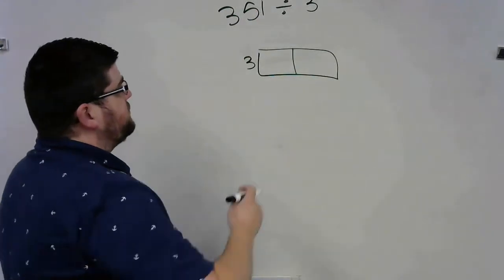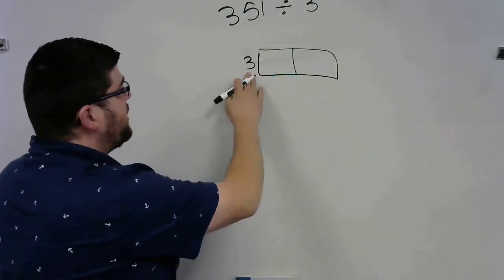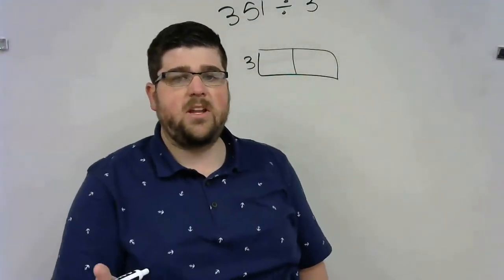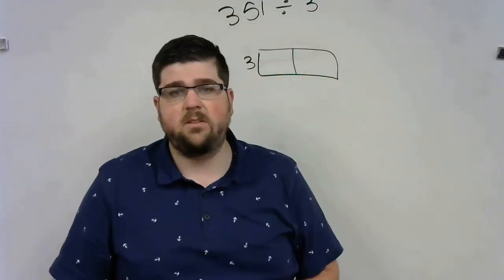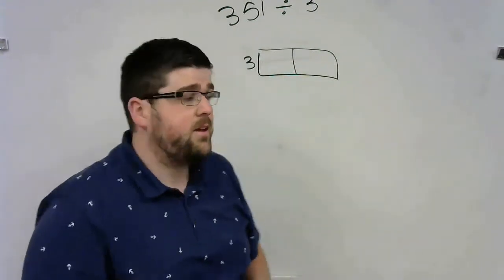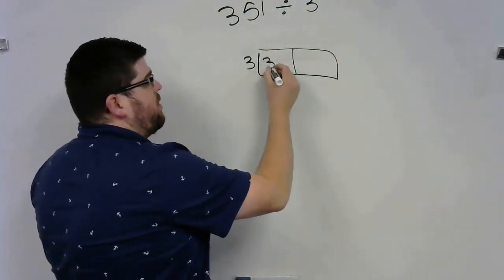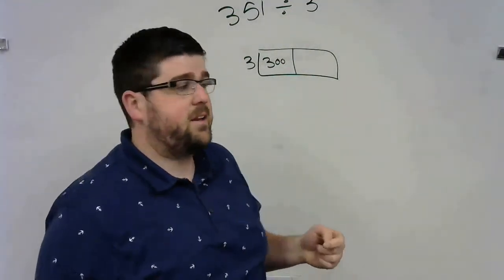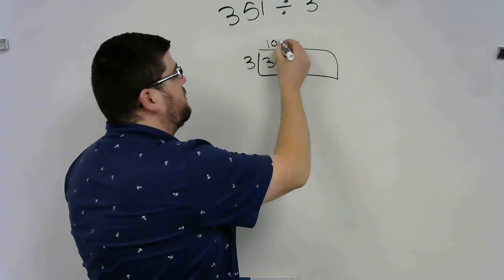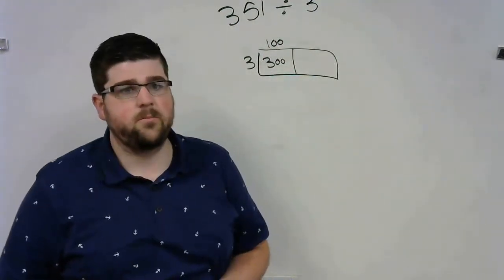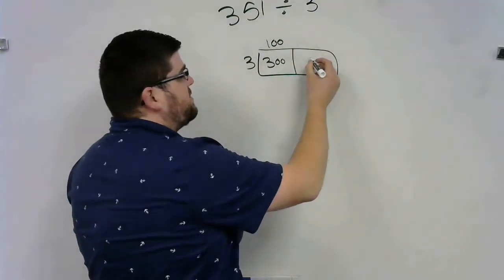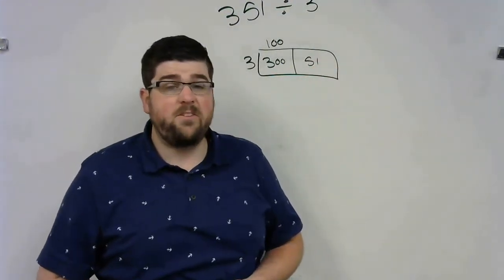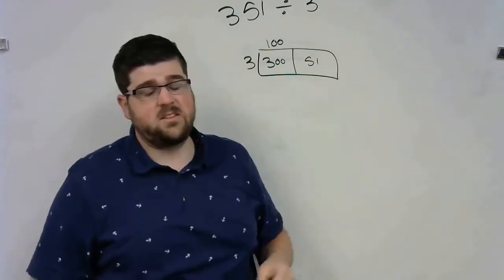So remember, with 3, can I use 3 times 10 or 3 times 100 to help me break down this number? I can. I can use 300 because 300 is 100 multiples of 3. That would mean in this other box, I would put 51, but 51 is not a basic fact.